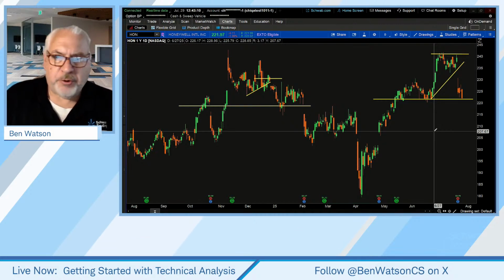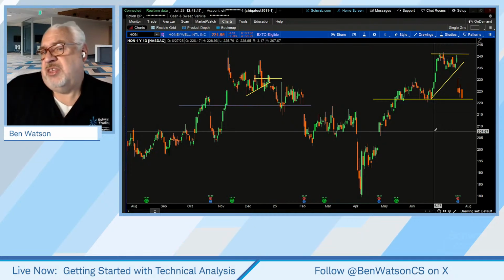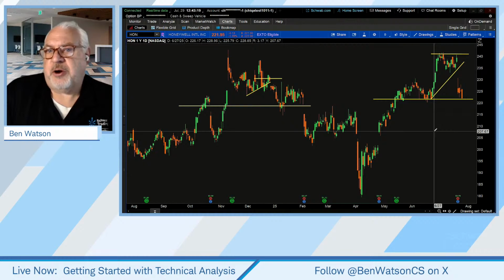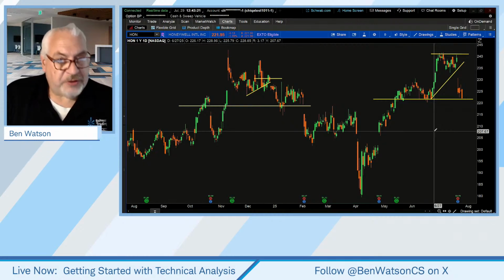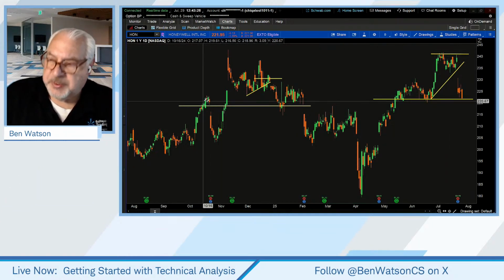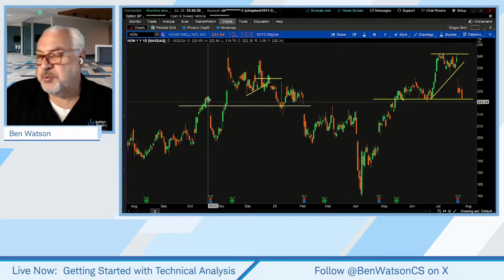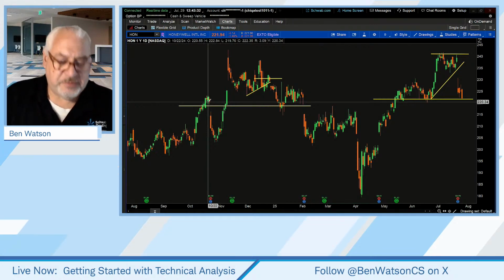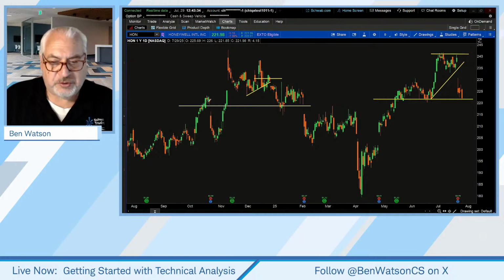They are not impermeable. They can be broken. They are not guarantees, and they are theoretical constructs for the most part. But one other thing to think about: look left to confirm right. If I can identify that the level has been a level of support or is near a level of support previously, that can oftentimes act as a reinforcement to my idea of support and resistance in the near term.